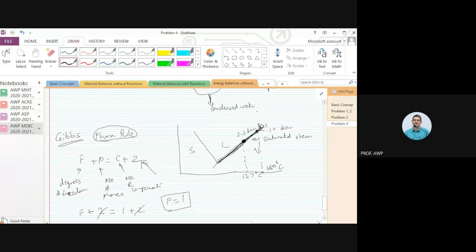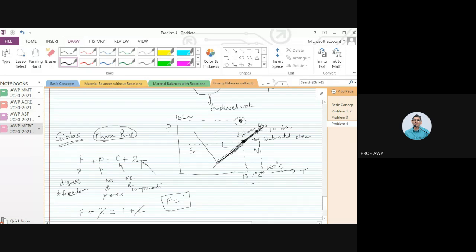If you want to keep it at 137 degrees centigrade and change the pressure, it will go here in a liquid state. Then that latent heat will not be available. If I keep it at 137 degrees centigrade and 10 bar absolute pressure, it will become liquid water. It will not be saturated steam.